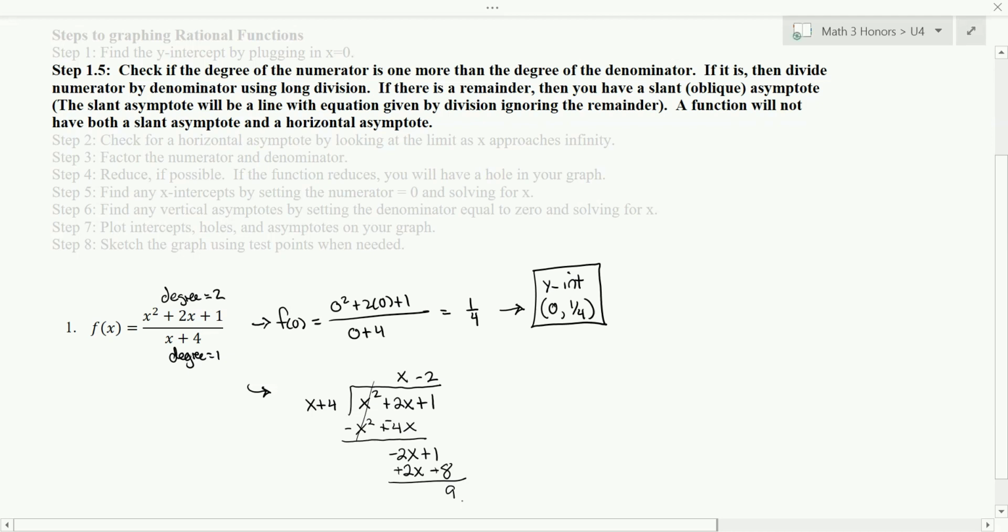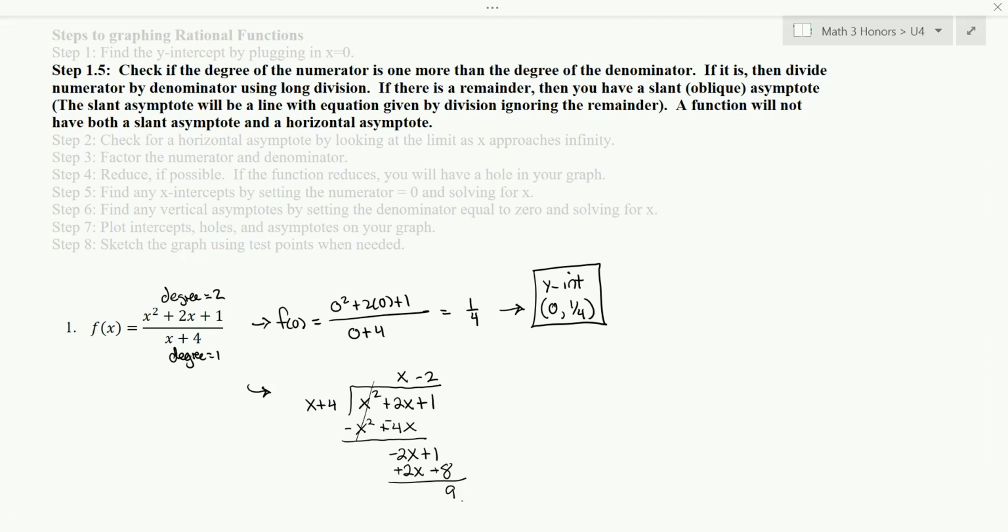Okay. So just reading through this, if there's a remainder, then we're going to have a slant asymptote. We do have a remainder, so we know we're working with a slant asymptote. If you don't have a remainder, it's actually going to have a hole in the graph. I didn't write that down, but if your remainder is 0, you won't have a slant asymptote, you'll have a hole in your graph.